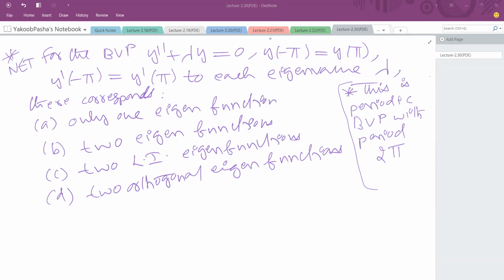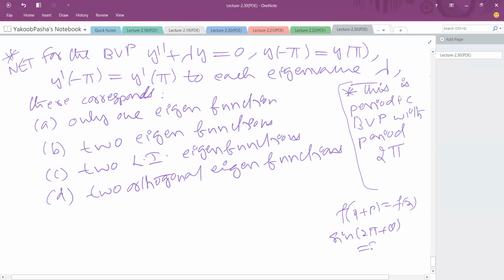That means periodic function means if f of x plus p is equal to f of x, then we say that the function f is a periodic function with period p. Similarly, we know that sine of 2 pi plus theta is equal to sine theta. So sine is a periodic function with period 2 pi.